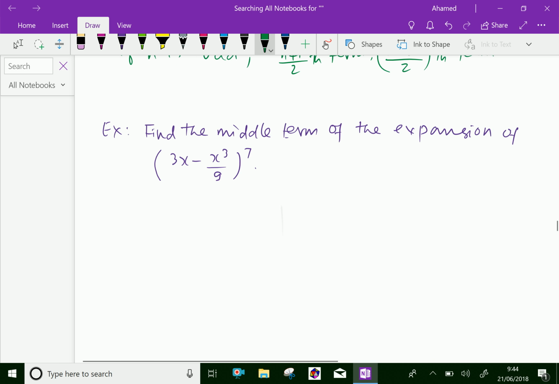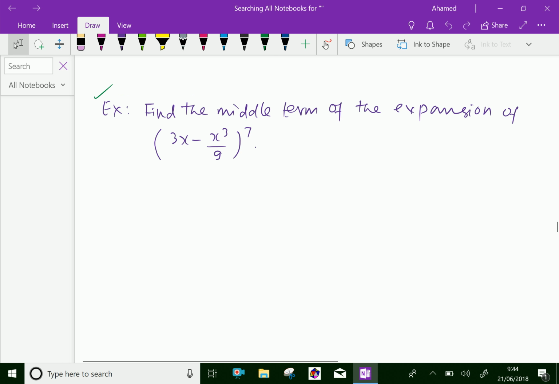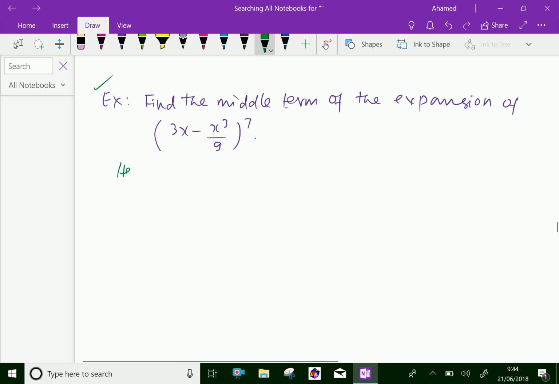Now let us do an example. Find the middle term of the expansion of (3x minus x cube over 9) power 7. Here n equals 7, which is odd.